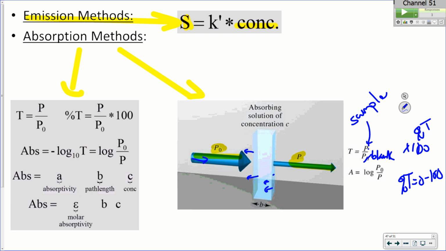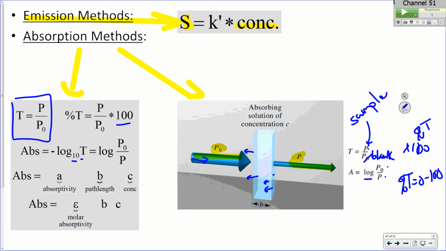Okay? The absorbance is defined as the log of the ratio of P naught over P. Here are the same equations a little bit bigger. Transmittance is the ratio of P divided by P naught. Percent T is simply that ratio multiplied by 100. Absorbance is the negative log base 10 of the transmittance.